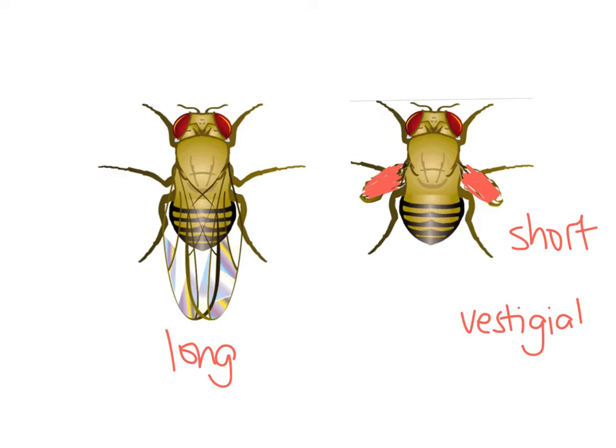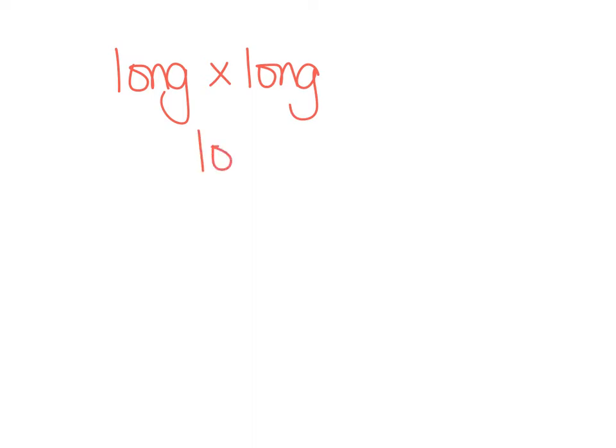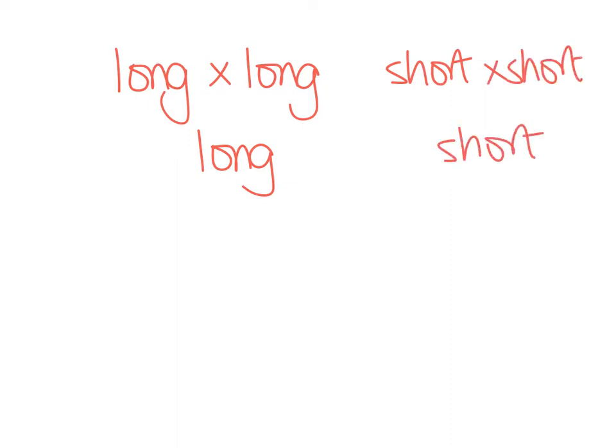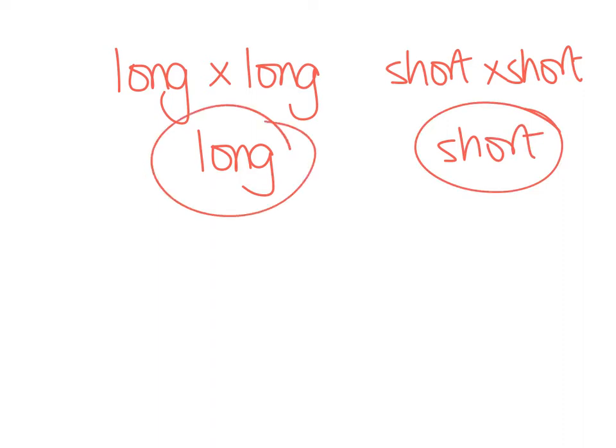Now, let's put it into context here. Long-winged flies, if they are bred with other long-winged flies, all the offspring are long. Same with short: if you breed them with other short ones and we get short, we know that they're purebred short and purebred long.